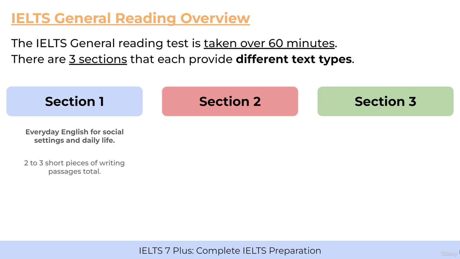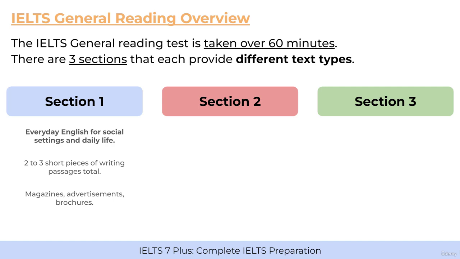You'll see 2 or 3 short pieces of writing total. So within section 1, there'll be 2 or 3 smaller passages about different topics and maybe even different text types. You might see some magazines, some advertisements like flyers, or it could be brochures or similar sort of things.